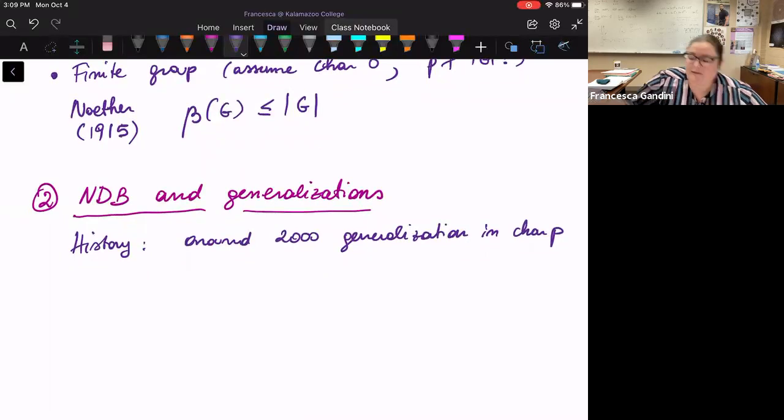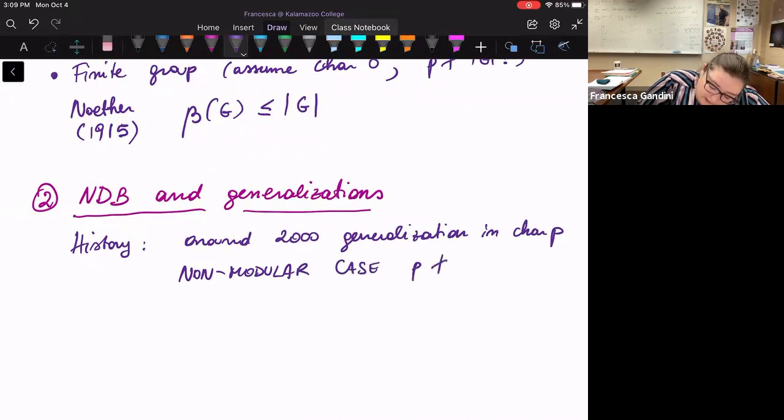What Derksen thought about, and really for characteristic P here, I mean the non-modular case. So we still need that P does not divide the order of the group, because if P divides the order of the group, then the bound is false, right?